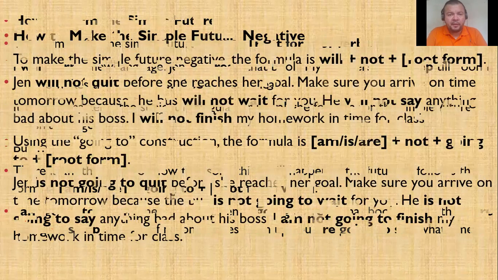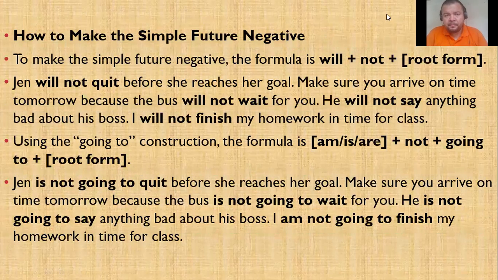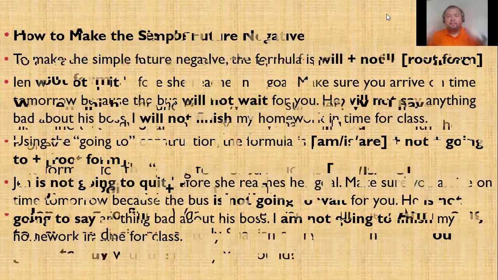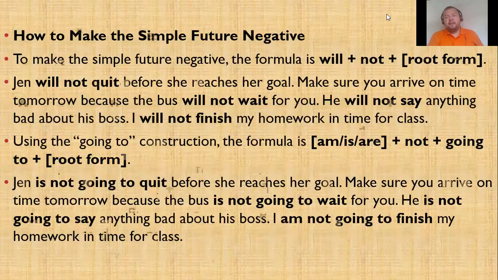Let's see how to make the simple future in negative. To make the simple future negative, the formula is will plus not plus the root form of the verb. For example, Jen will not quit before she reaches her goal.